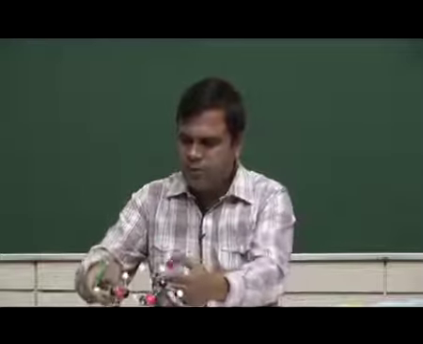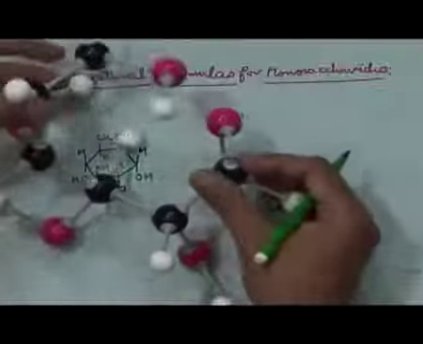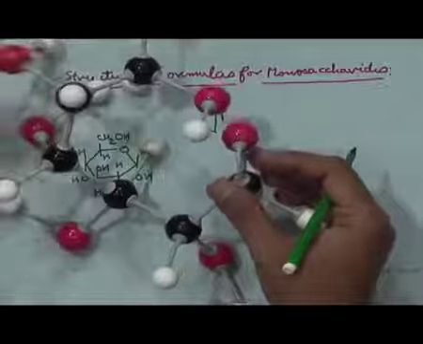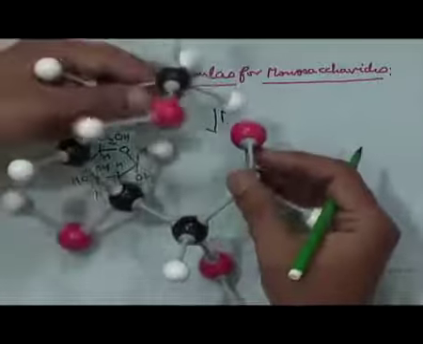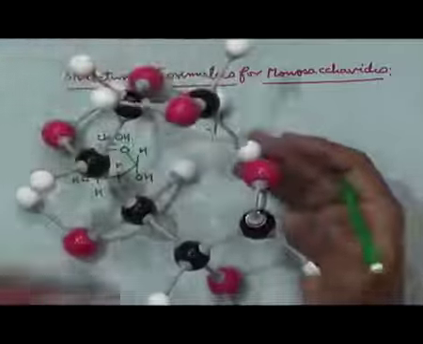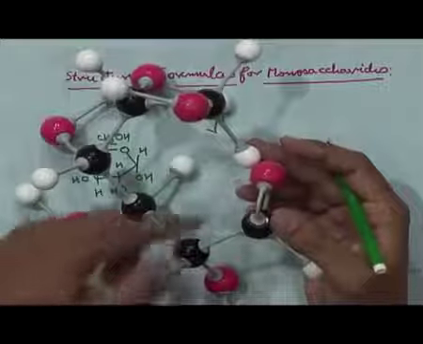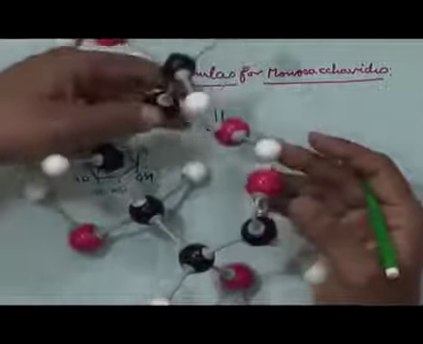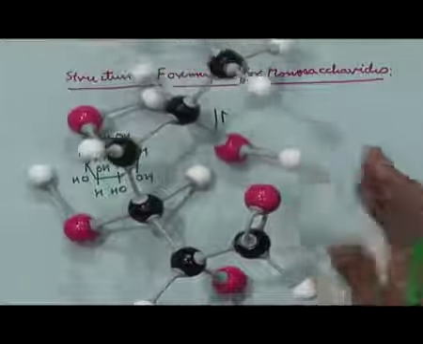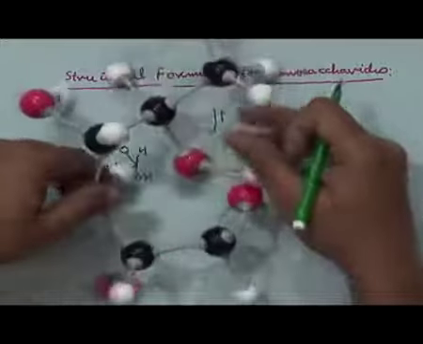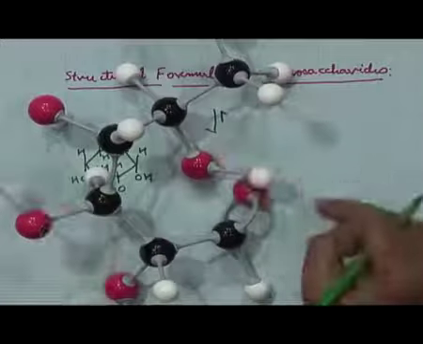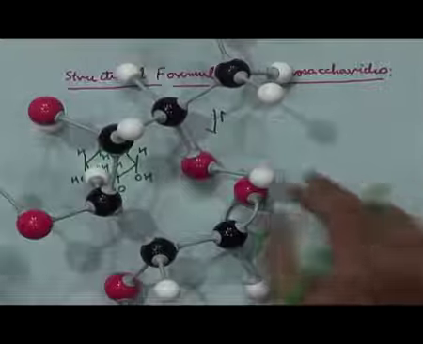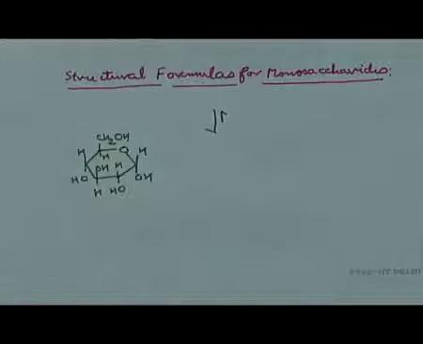When I leave it freely, this aldehyde approaches the hydroxyl of the 5th carbon, and that structural arrangement leads to the cyclic structure of the sugar, in this case of glucose.